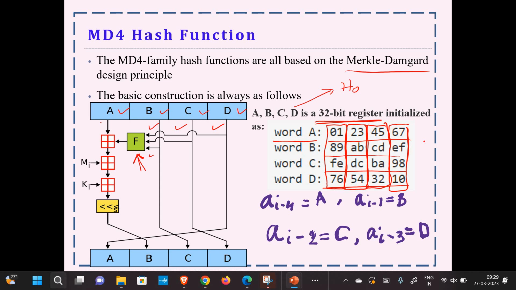The generated output will have some kind of XORing that will take place with the 32 bits over here of A. The message will come over here, which also will be 32-bit, based on which a new state matrix will be generated. This Ki will be a constant matrix.